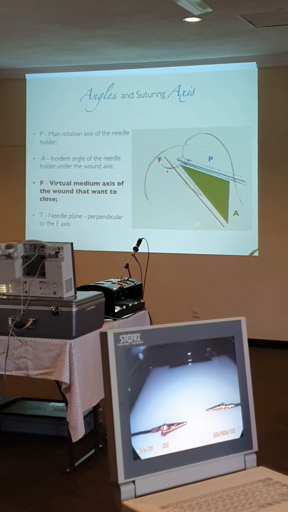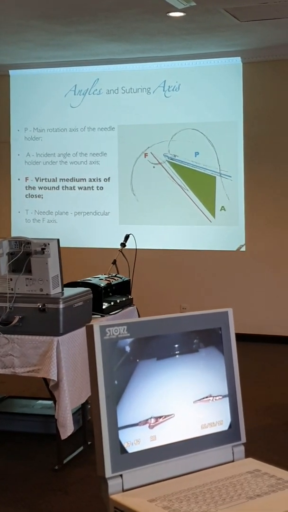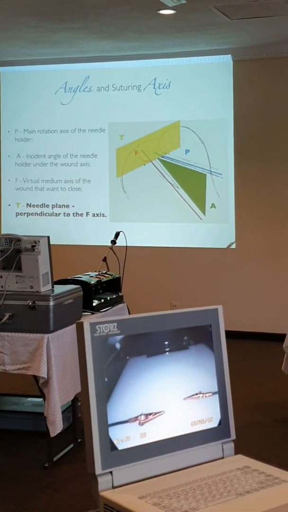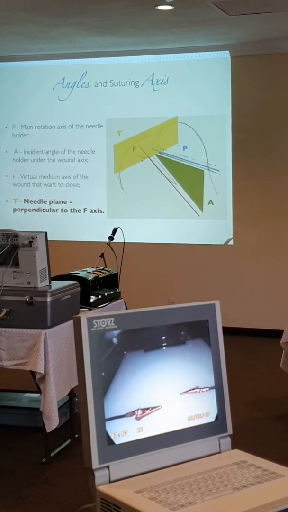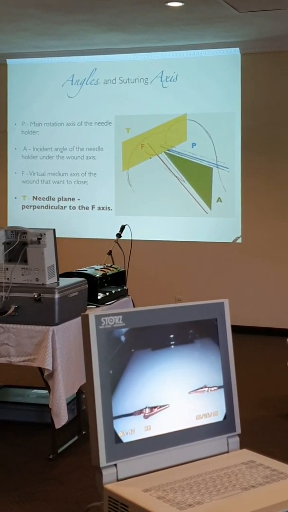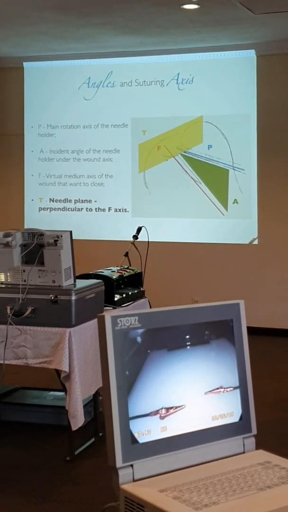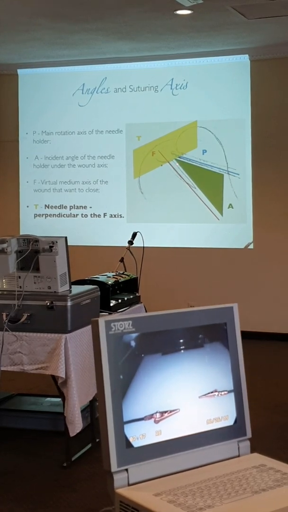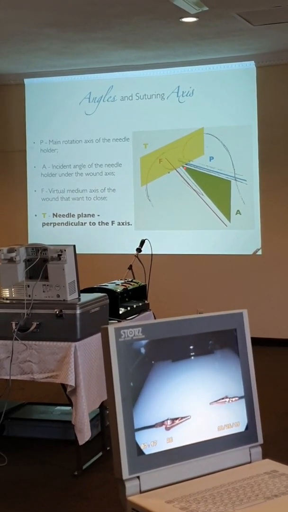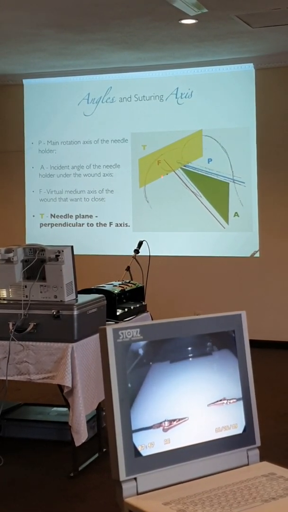When you look here, the needle plane is perpendicular to the F axis, and here you can see the entry of the needle and where it goes out.